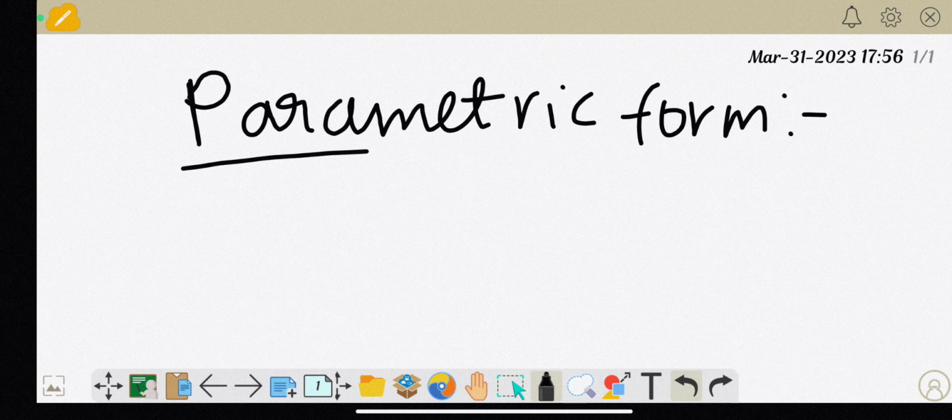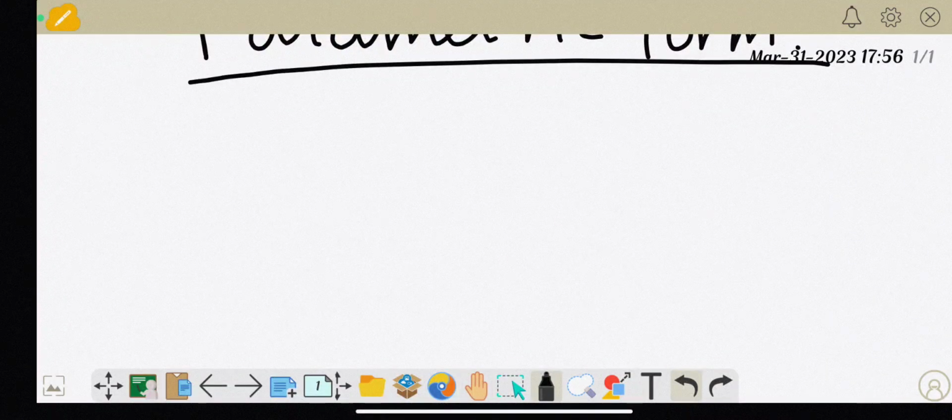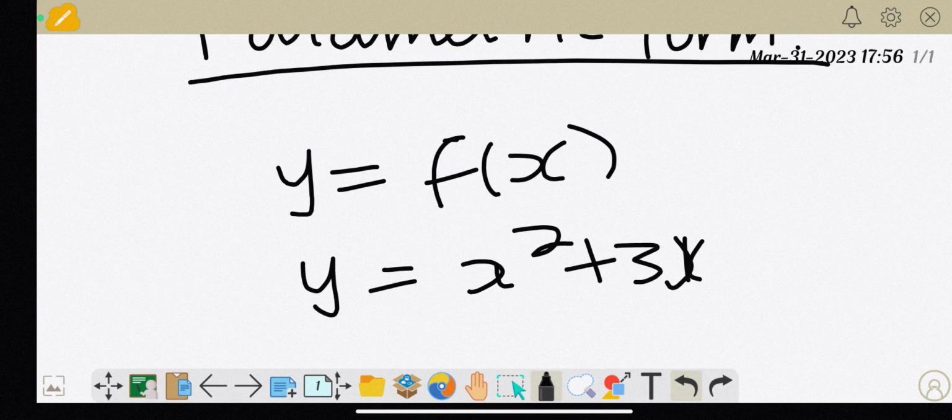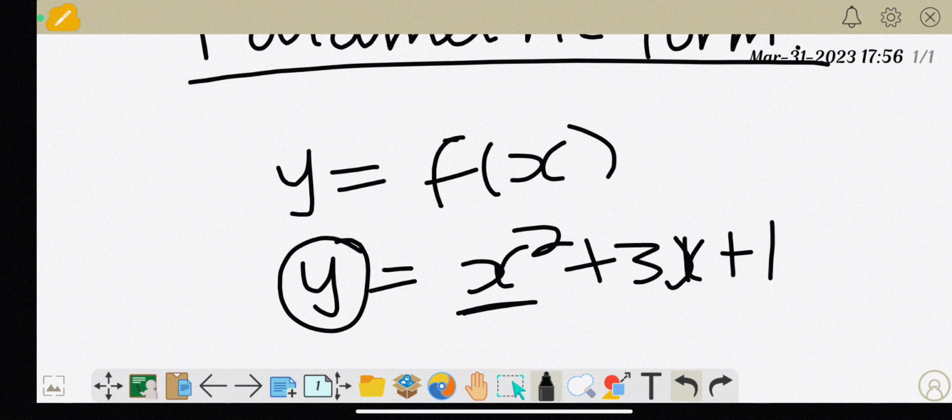So see, you have studied what is explicit function, what is implicit function, correct? In a similar way, imagine usually how we write y is equal to f of x, correct? So for example, y is equal to x square plus 3x plus 1, right? So here x is called independent variable, y is called dependent variable, correct?